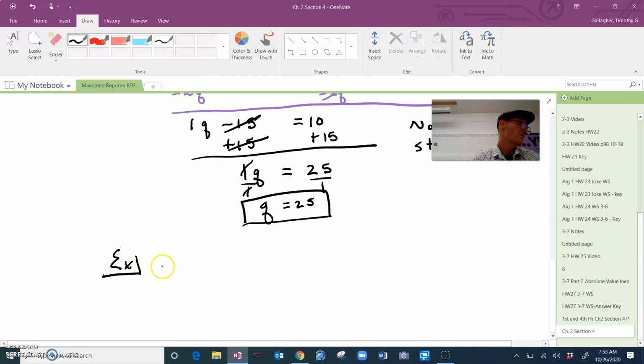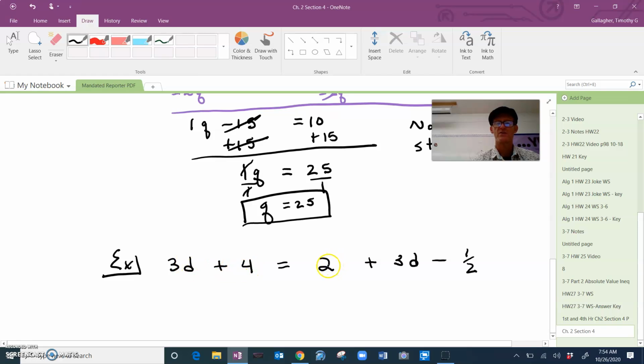Okay, example 2. This problem is 3d plus 4 equals 2 plus 3d minus 1/2. On the left side I have 3d plus 4, those two terms.